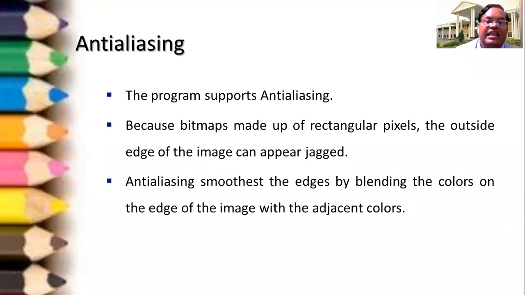Anti-aliasing is nothing but smoothing the edges by blending the colors of the image with the adjacent colors. That effect is called anti-aliasing. It looks very effective when you apply anti-aliasing to the graphics.